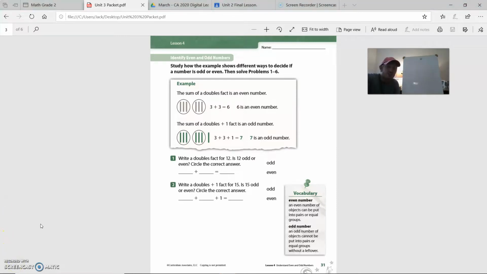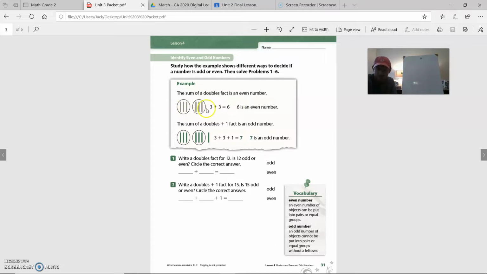So today we're really going to be trying to understand odd versus even numbers. We did that yesterday when dealing with using doubles facts plus 1 to find answers. So the first thing we're going to do is look at the example problem. It says the sum of a doubles fact is an even number.